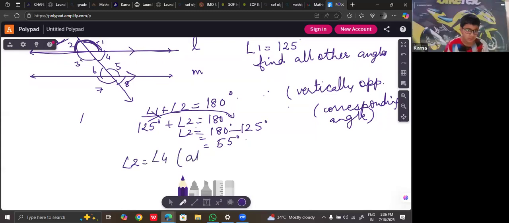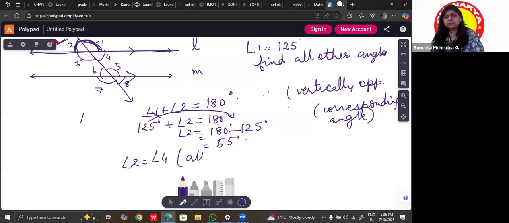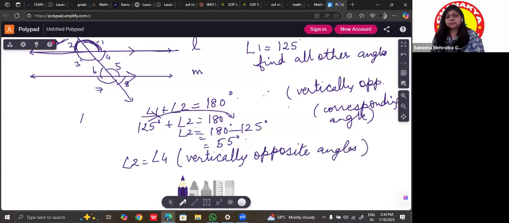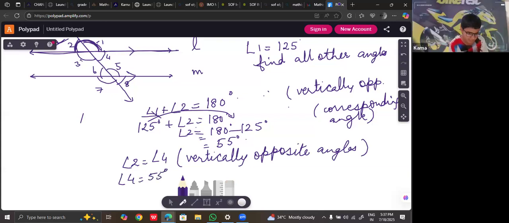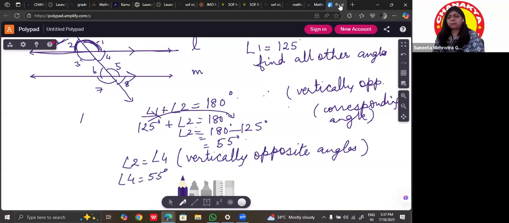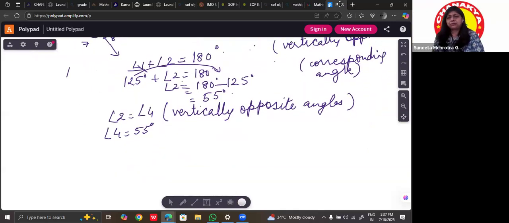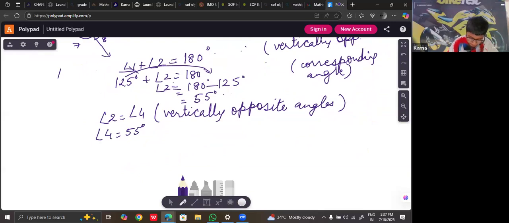Ma'am, vertically opposite angle. So angle 4 is equal to angle 2, which is given, 55 degrees. You have to write in a proper manner. Okay, and you block it.